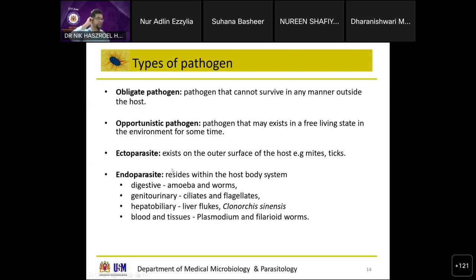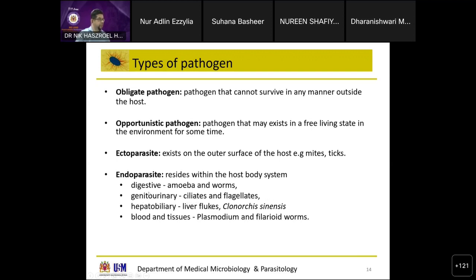Ectoparasites exist on the surface of the host, like mites and ticks. In the hair, you get ticks. So they are on the outside surface of the host. And then there are endoparasites which survive in the digestive tract, like amoeba and worms. Some survive in the genitourinary tract, like ciliates and flagellates.